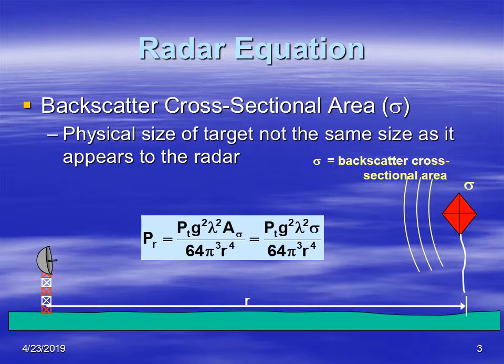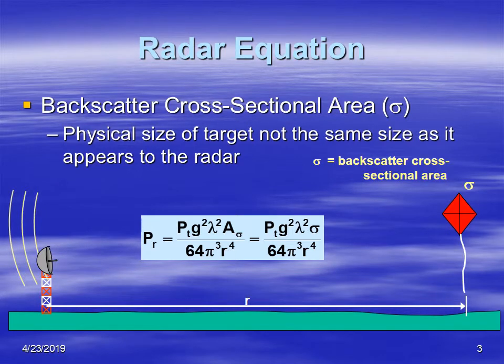By definition, it's not the physical size of the target, it's the size as it appears to the radar. So we've got this scatterer out at a distance, and it's returning radar energy. The equation on this slide is getting kind of complex. Simply, we're going to replace the A sub sigma, the area of the scatterer, with sigma.